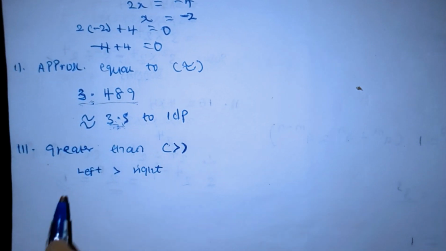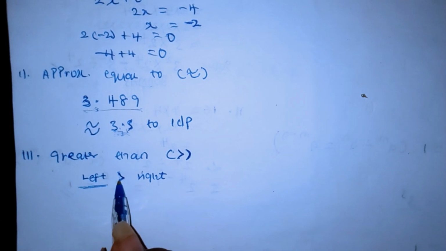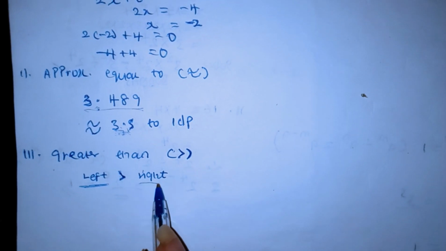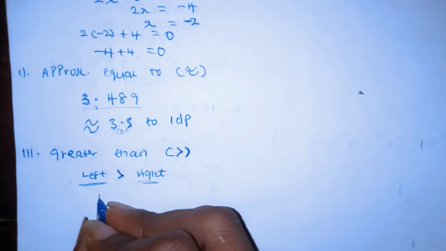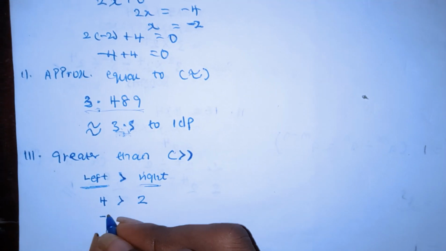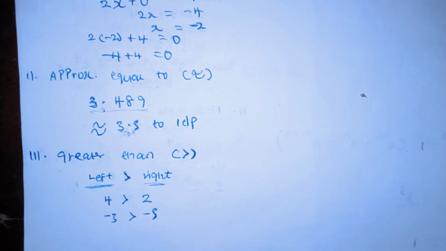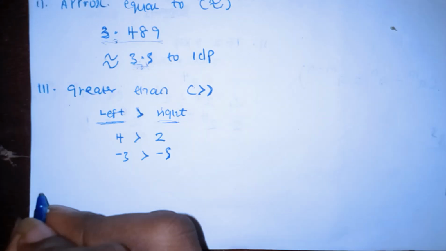This means that any number facing the open side of the sign is greater than the number facing the pointed end, like 4 is greater than 2 and minus 3 is greater than minus 5. That's the logic.